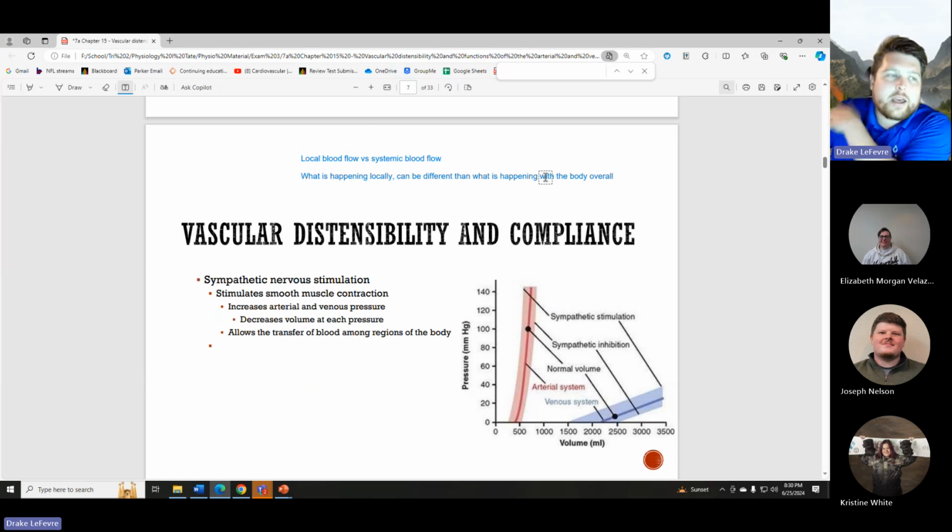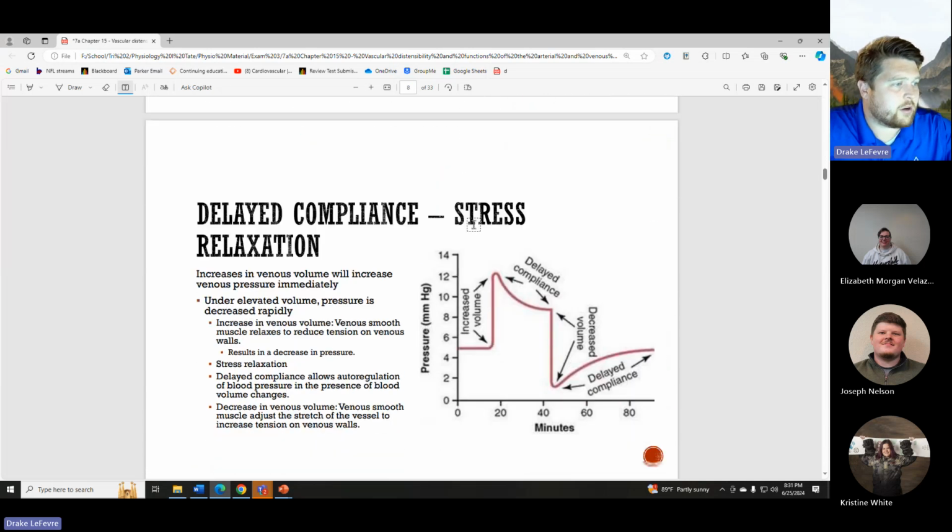In the local area, we're going to get vasodilation. But in other parts of the body, systemically, the parts that are not working are going to vasoconstrict to allow for more blood to get to the bicep. So local versus systemic. We'll talk more about that later, but that's a super key thing that teachers like to test on, and the questions get really confusing if we don't go through it.